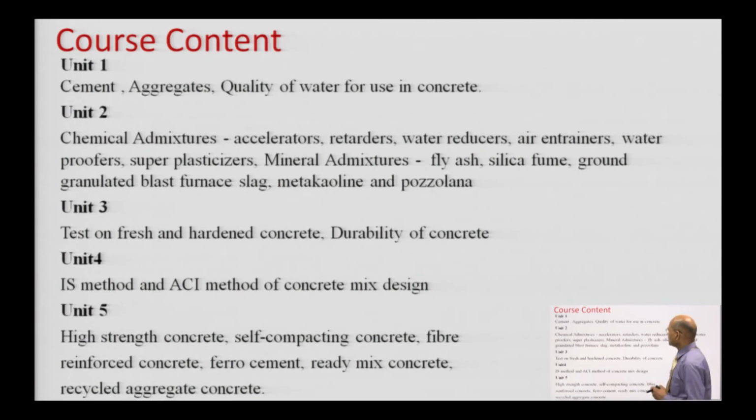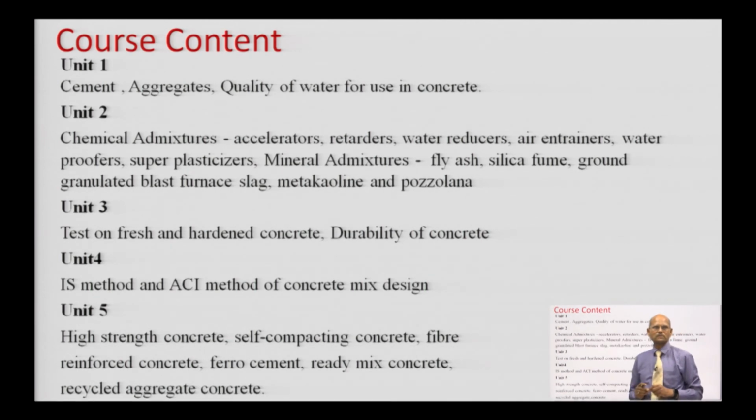Then we come to unit 2. In unit 2 we have chemical admixtures like accelerators, retarders, water reducers, air entrainers, waterproofers, superplasticizers, and mineral admixtures: fly ash, silica fume, ground granulated blast furnace slag, metakaolin, pozzolana.